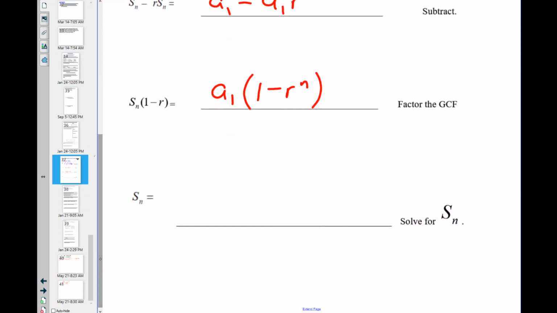And then finally now, they say solve for S sub n. See, so what factoring has accomplished for us on the left side is that now we were able to pull the S sub n away from everything else. How would I isolate S sub n there? How would I get rid of the 1 minus r?